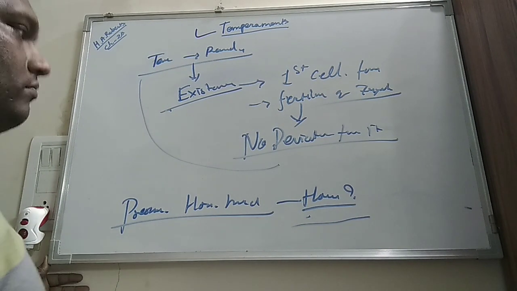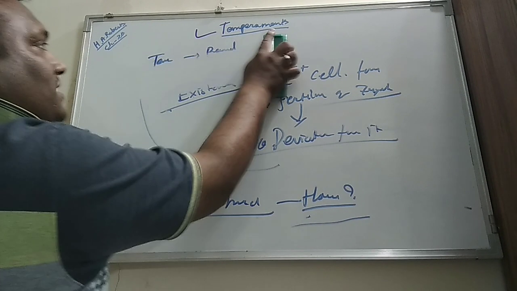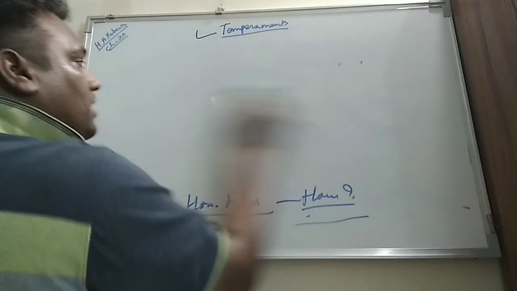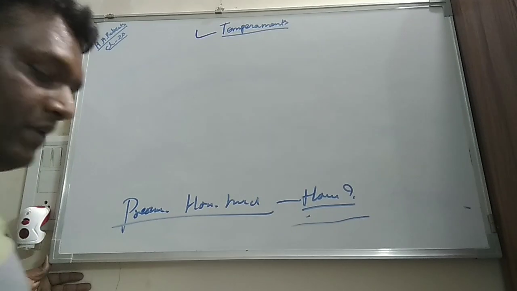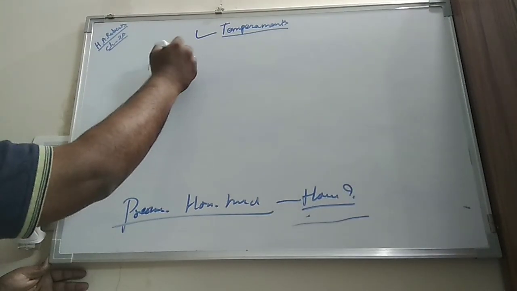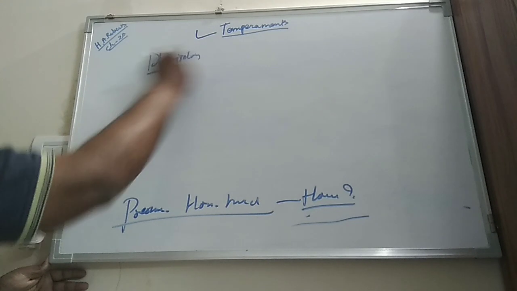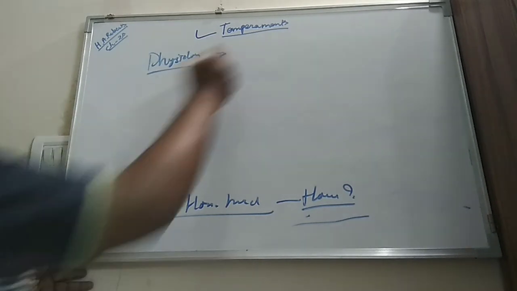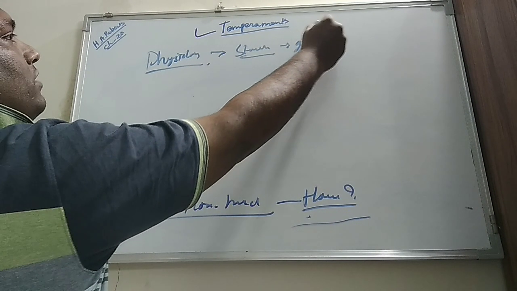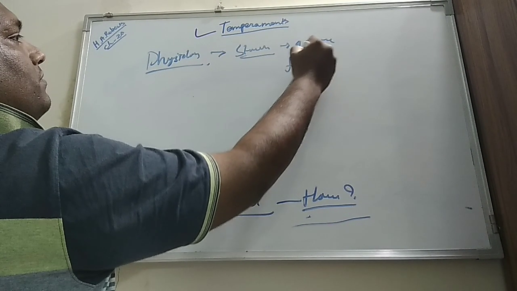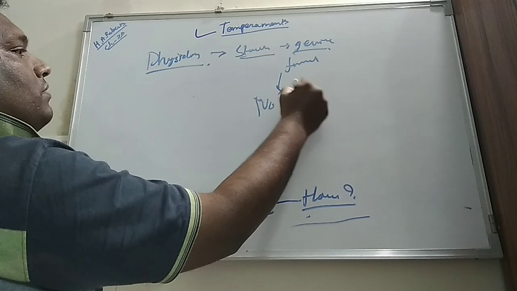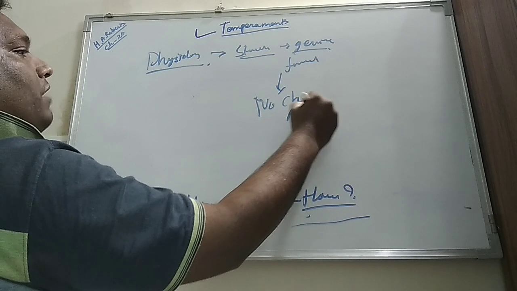Once temperament as a character or constitution comes into existence, it forms a body. As I said previously, temperament is physiological. Once a physical structure or genetic structure is formed, there is no change afterwards.